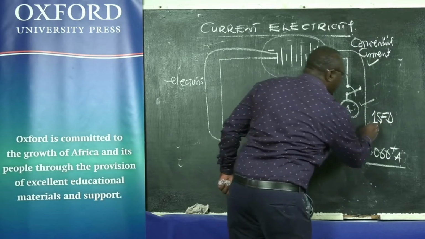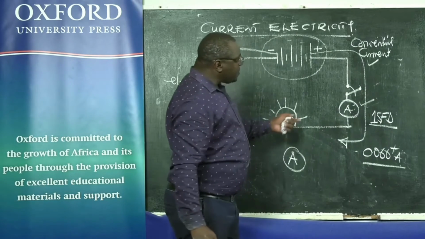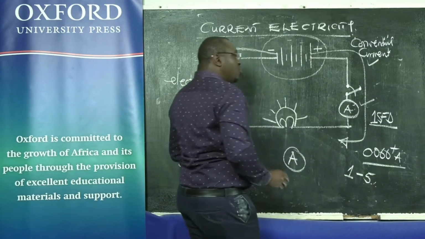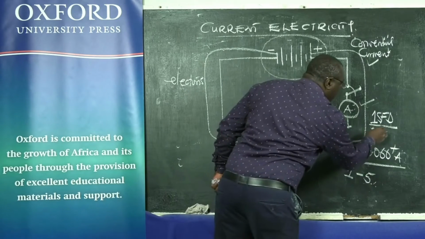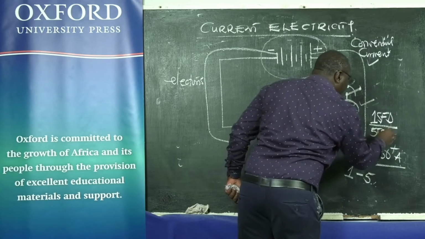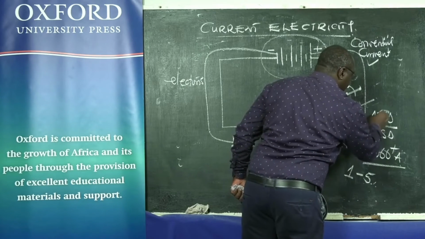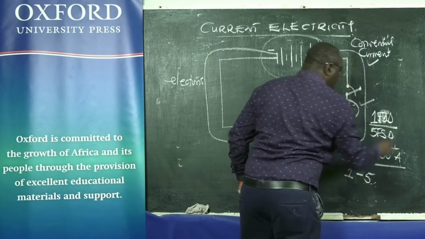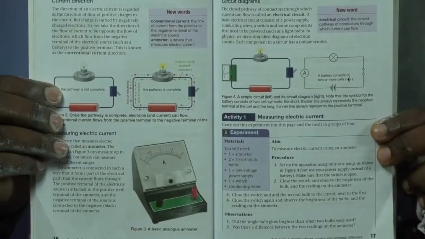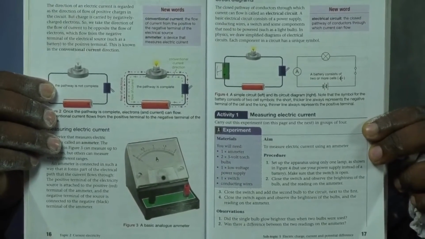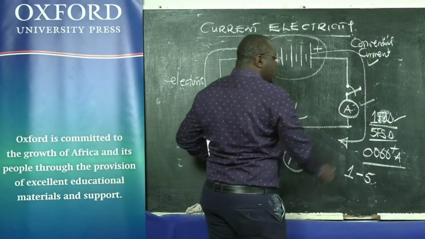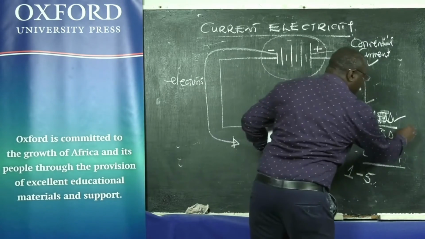Now, if the values are ranging between 1 to about 5, you need to use what is called a 5 FSD, full scale deflection. So the word FSD that you see on the ammeter is called full scale deflection. So the maximum deflection it will give will be 1 for this one. For this one, the maximum deflection is actually 5.